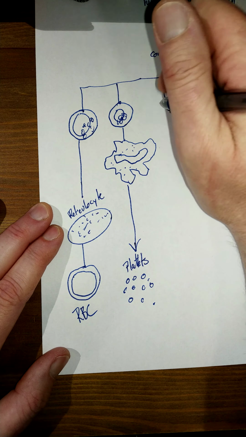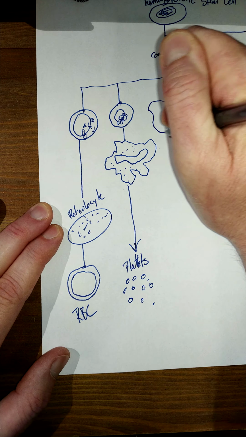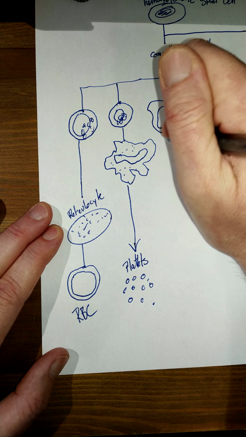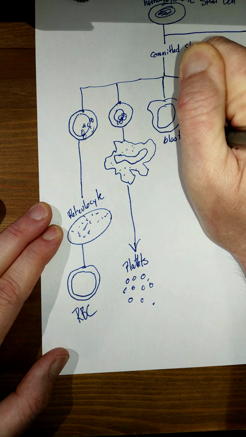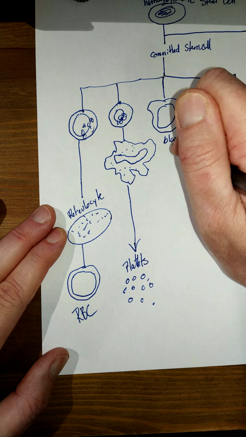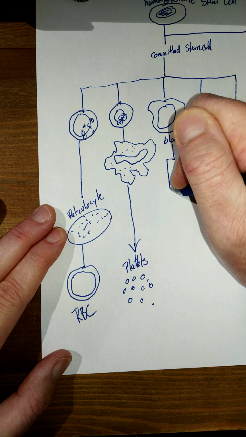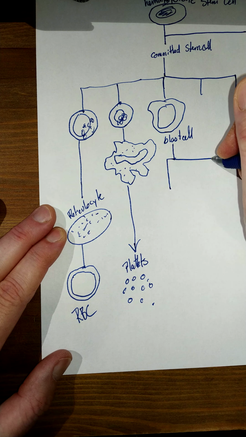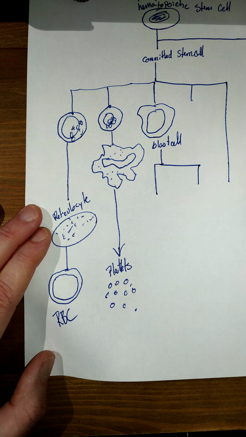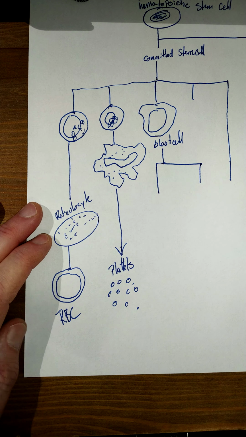Next we get our blast cells, and our blast cell has two potential fates. My arrows are going to have to move along a little bit.